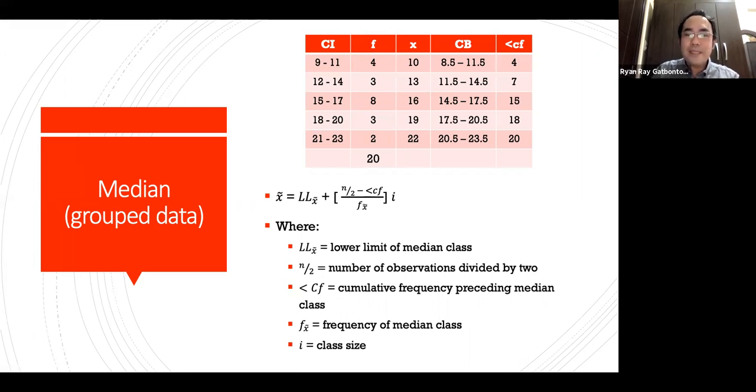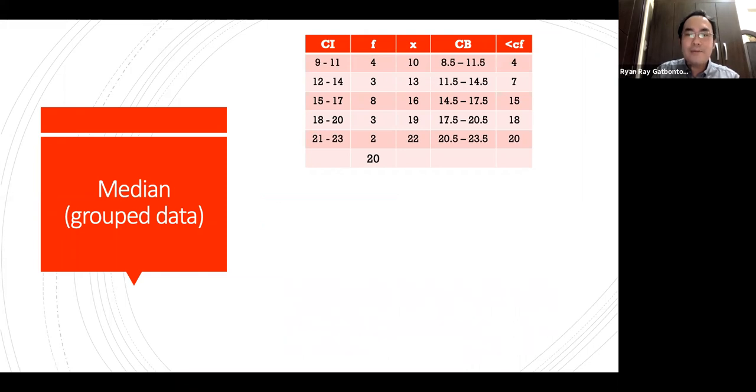So to find the median in this grouped data, we use this formula. Okay? So the first step is to identify the median. And to identify the median, we divide the number of observations by 2. So 20 divided by 2, that is 10. All right. Now, if we look for the 10th value in this grouped data, we look into our cumulative frequency.